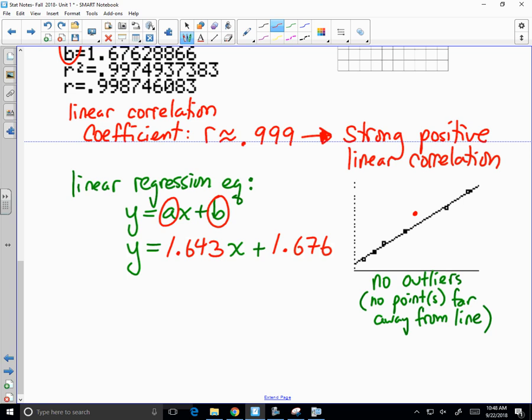You might say, I think that's an outlier because all the other points are at least very close to the line. Some of them are actually on the line. This is the only one that's definitely not on the line. So I think it's an outlier. As long as you can make a case, a brief explanation is all I need. There is no mathematical approach to determine outliers other than visual.